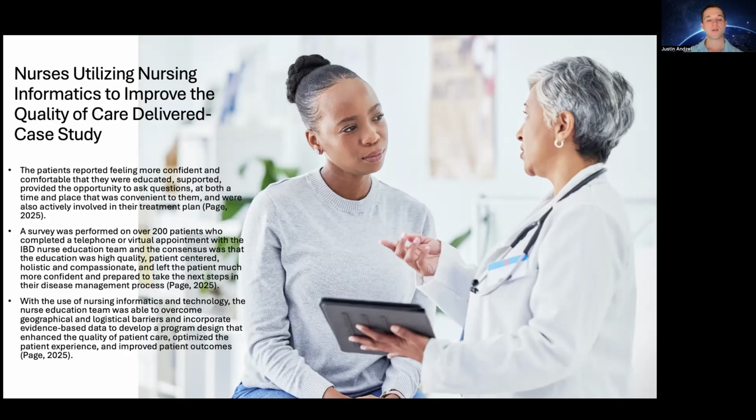With the use of nursing informatics and technology, the nurse education team was able to overcome geographical and logistical barriers and incorporate evidence-based data to develop a program design that enhanced the quality of patient care, optimized the patient experience, and improved patient outcomes.